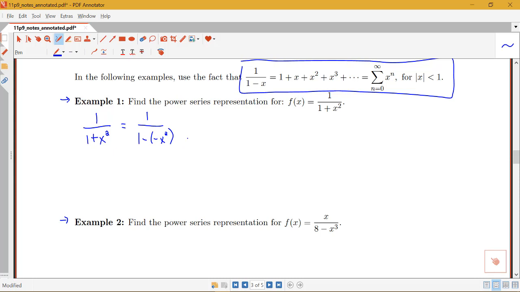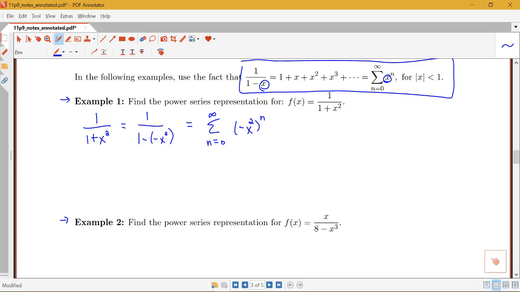Okay, so that I can look at my function here as being a composition of this given function, 1 over 1 minus x, and negative x squared. So since 1 over 1 minus x equals the sum of x to the n, 1 over 1 minus negative x squared will be equal to the sum from n equals 0 to infinity of, well, here x was what I was raising to the n, so my new x, what I'm plugging in for x here, will be negative x squared.